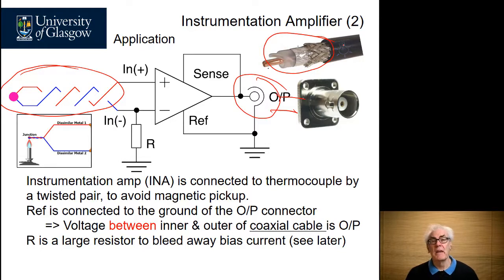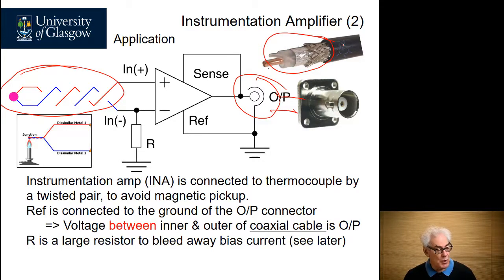We've already been very careful and twisted the two wires of the thermocouple together to avoid any magnetic pickup or any electrical pickup that may happen on the route from the thermocouple to the inputs of the differential amplifier. We've connected the reference to the ground and also to the output connector.